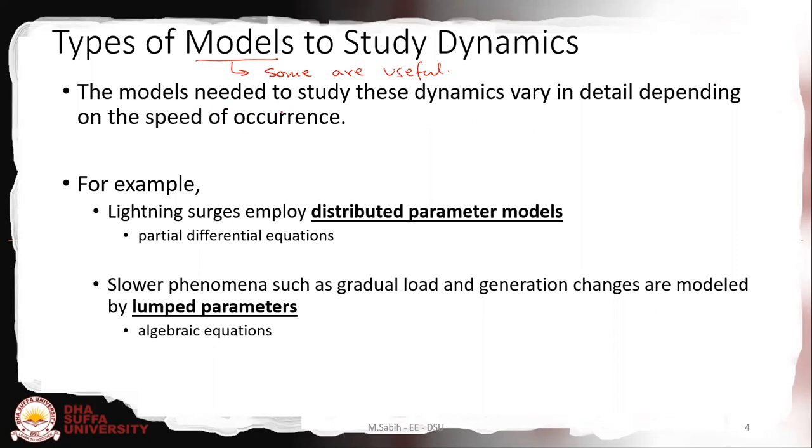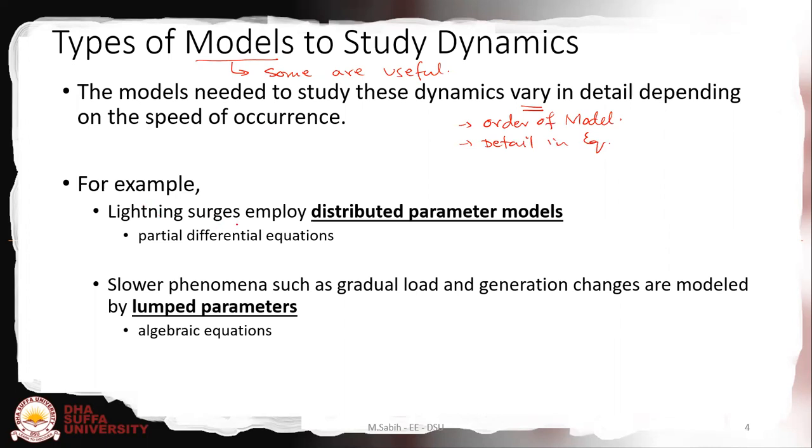So the models need to study these dynamics in detail depending upon the speed of the occurrence. By this, what I mean is the order of the model can be changed, and also the detail in the equations can be changed appropriately.